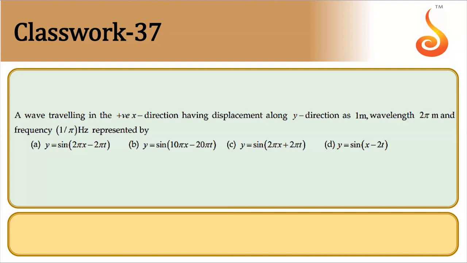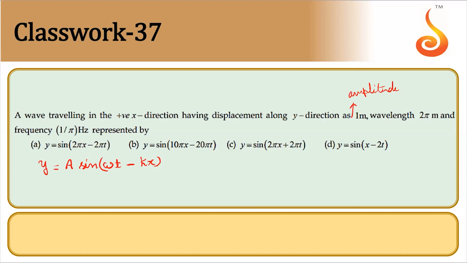Yes, here, as amplitude is 1 meter, wavelength is 2 pi meter and frequency is 1 by pi hertz, so y equals a sine of omega t minus kx. This should be the case.